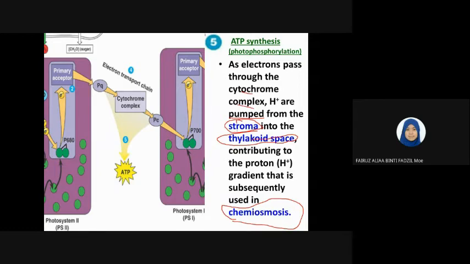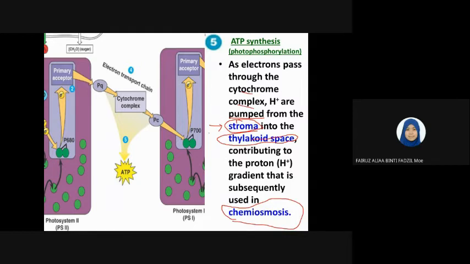If you remember, for cellular respiration, the protons are pumped from the mitochondrial matrix into the intermembrane space, isn't it?